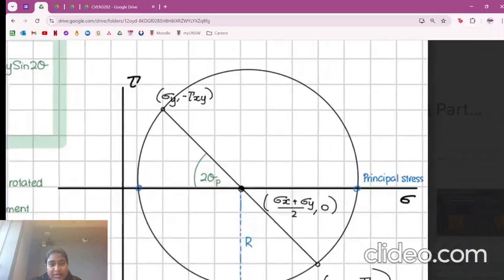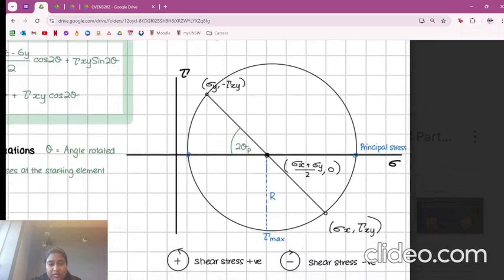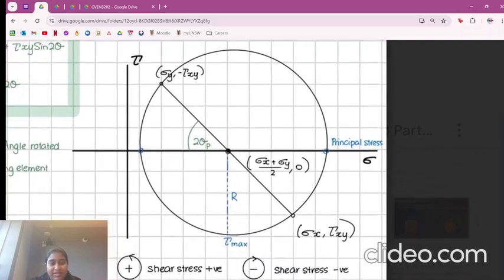And so as you can see on the circle, there's an infinite number of points on this arc here for you to look at, and each point will have a different shear stress value and a normal stress value. So hopefully that diagram makes sense.